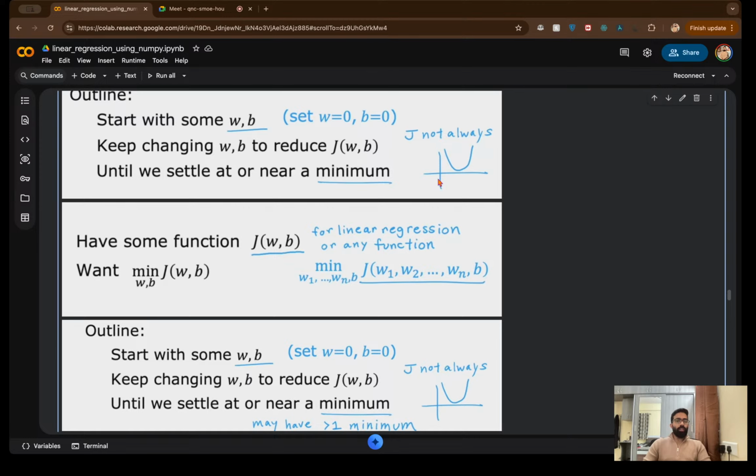It is plotted on an xy graph. I'm not talking about J, I'm just revising the concept of local minimum. What do I mean by minimum? Let's say this is a function, and what is the highest possible value that I get through this function?